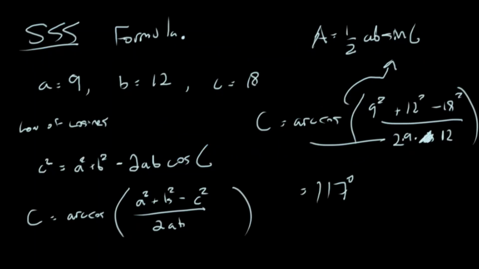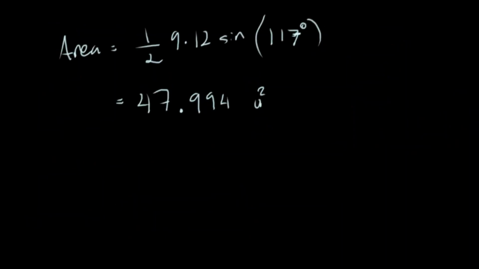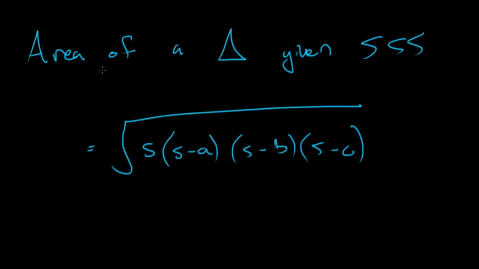Let's jump back to this problem. 9, 12, 18. Given 9, given 12, given 18. The answer ended up being 47.994. New problem. Or the same problem, sorry. 9, 12, 18. All right, what is the semi-perimeter? That's half of the perimeter.